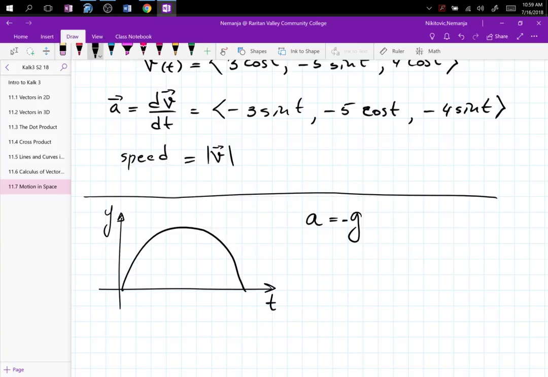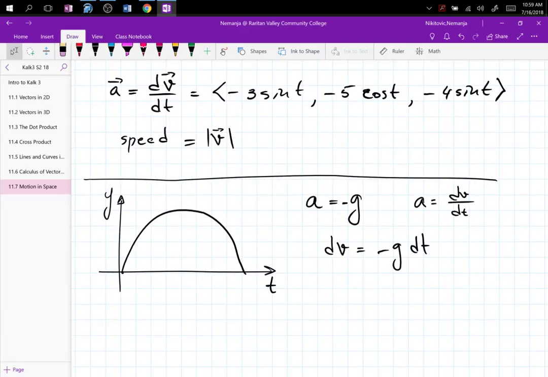So as soon as you do something like that, this acceleration is actually the change of velocity in time. When you do the differential equation here by separating variables, you have that dv equals negative g dt.